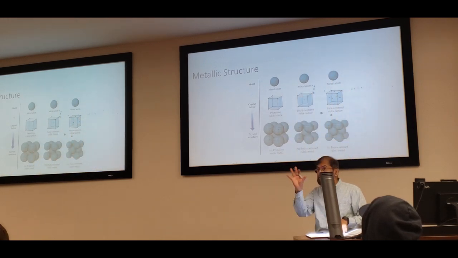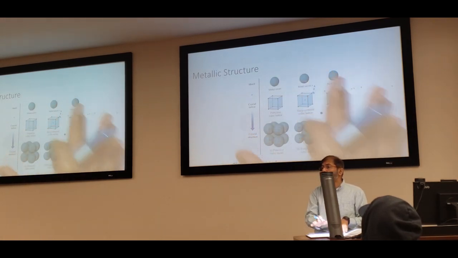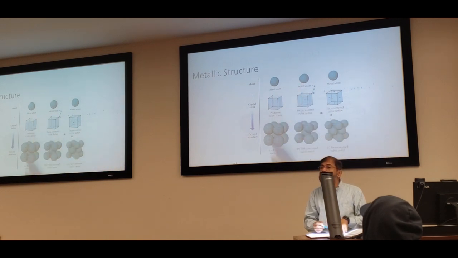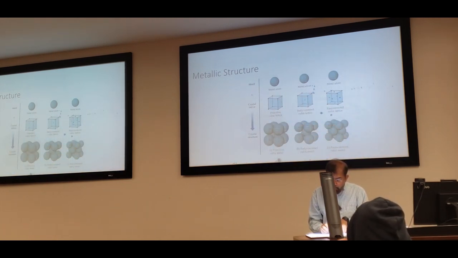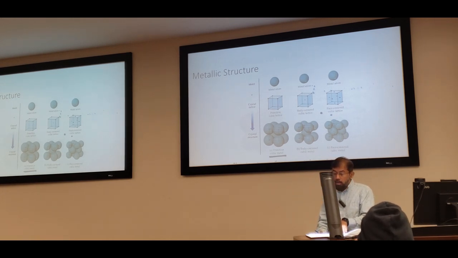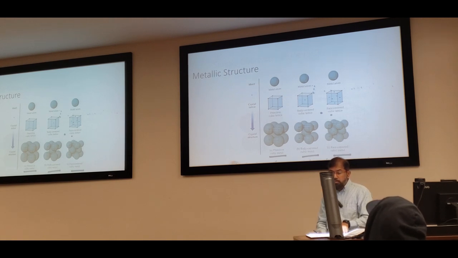In some of the metals, I am not saying all the metals are the same, you can see these types of close packing. One is called simple cubic structure, the second is called body-centered cubic structure, and the third is called face-centered cubic structure.